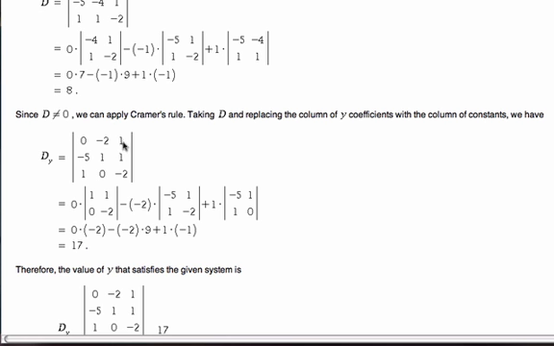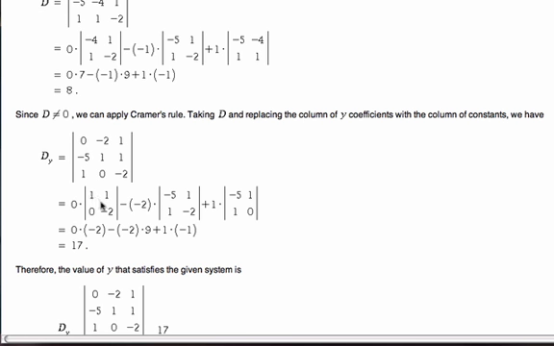And then you're going to say plus, and you're going to take your z coefficient from the first equation, multiply it by the matrix over here of the x's and y's that are left over. Okay? Now again, remember, we're going to evaluate these matrices.